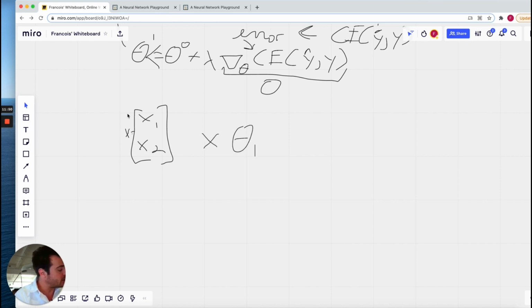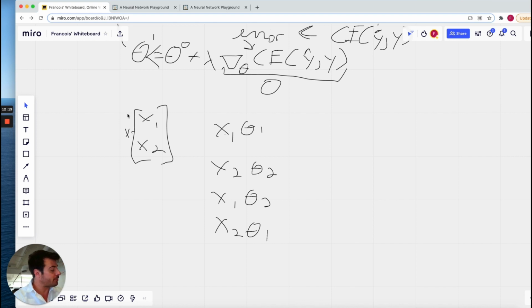So I'll have x times theta 1 transpose to output my activations. Let's do it like this, actually, it's easier if you just do this: x1 theta 1, x2 theta 2, x1 theta 2, x2 theta 1. Okay?